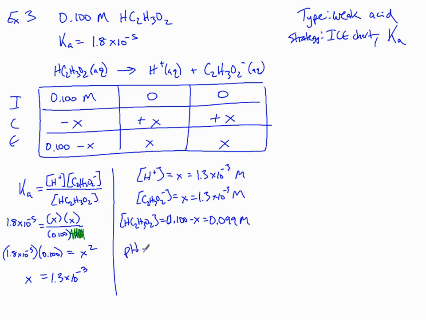So then find the pH, negative log of the hydrogen concentration, and it comes out to 2.87, which is very approximately 3. And that's how you could estimate it. POH, I wouldn't spend a whole lot of time figuring out the long way. I would do 14 minus 2.87. We've got 11.13.